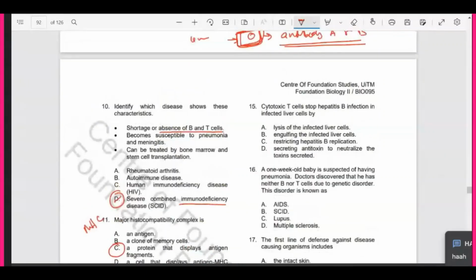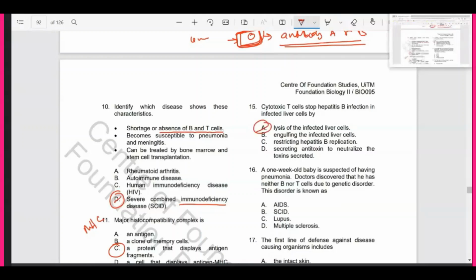So number 15, cytotoxic T cell stop hepatitis B infection in infected liver cell by, jawapan awak jap tadi apa? A, lysis of infected liver cell. Betul lah. Betul tak? Kan? So sebab dia makan cytotoxic T cell that destroys infected body cell, in this case is the liver cell.